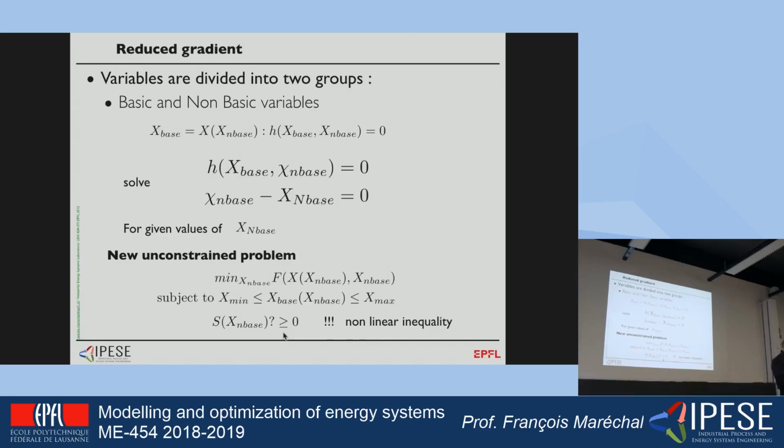So there is a risk that I will not be able to solve the problem with the nonlinear inequality constraints. But the advantage of having this is that I have reduced the size of the problem, because I have eliminated a lot of variables. Each variable is to some extent associated to one equation. So I have a much smaller problem to be solved.